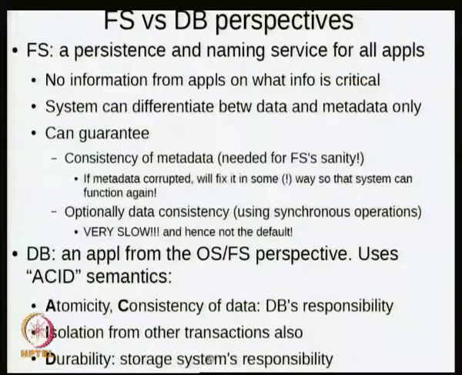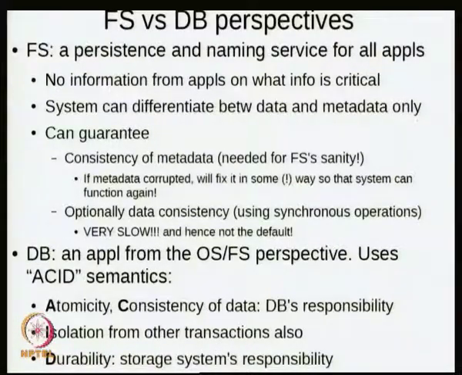Now if the database is running on a file system, then the database depends on the file system to provide the durability, and the file system in turn has to find some mechanisms by which whatever has happened with respect to the database is made persistent, made durable, so that if the machine dies and comes up again, whatever changes have taken place can also be seen again.